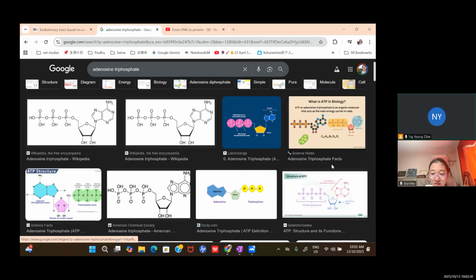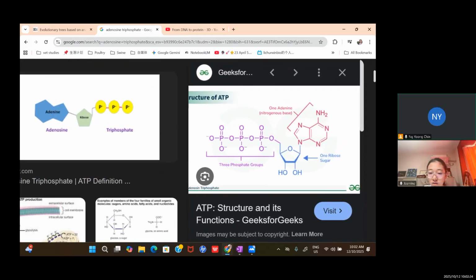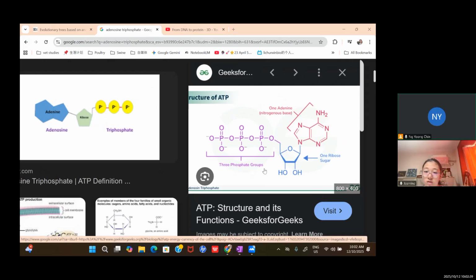So this is the structure of ATP. See, they have three phosphate groups, the ribose sugar, and the base. But the point is on the phosphate groups. They have three phosphate groups. So this is ATP.